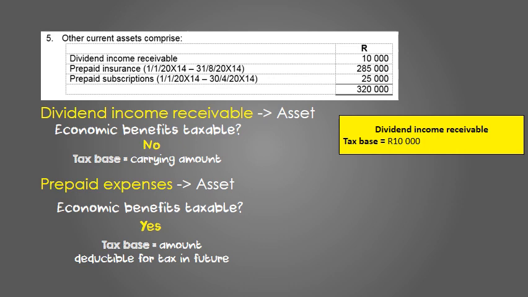So therefore the tax base will be the amount that will be deductible for tax in future. To determine the amount that will be deductible for tax in future, we have to remember Section 23H of the Income Tax Act. Now, Section 23H tells us what amounts we can deduct once we have paid the prepaid expense and which amounts we will only be able to deduct once we have received the benefit from this prepaid expense.